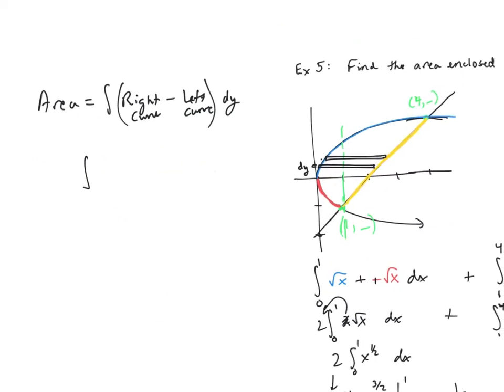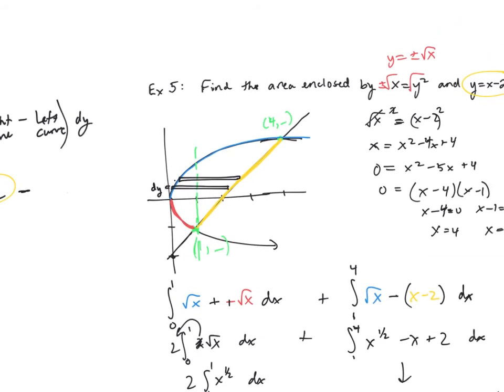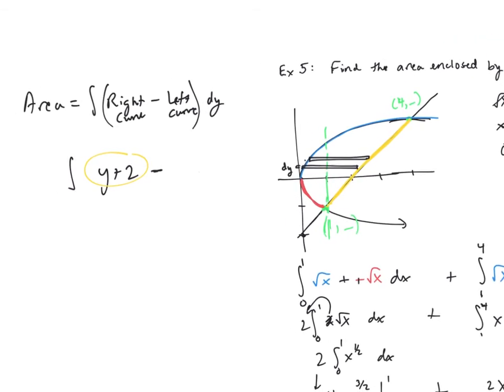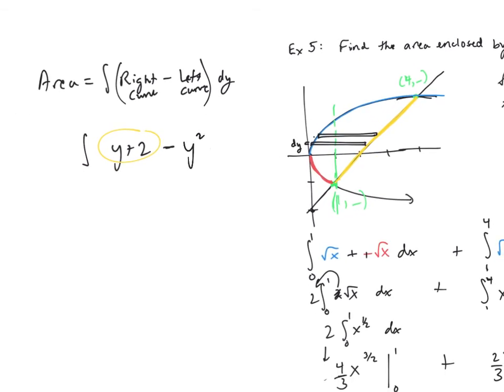So my right curve is y plus 2. Again, I'm saying curve, but that's my line. You should generally think of it as a curve. Now I'm subtracting. My left curve is that radical x, positive and negative, which remember was actually x equals y squared before I took the square root. So that's already set up for me, and I can just do minus y squared. That's the blue and the red, both of them.